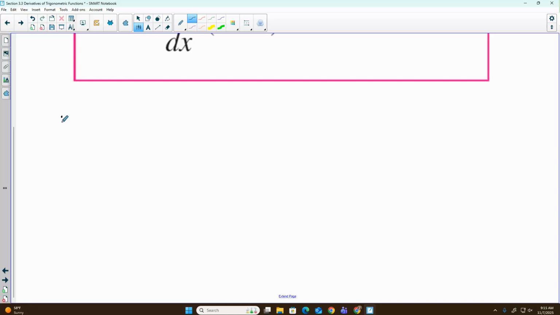We know tangent is the same thing as sine divided by cosine. So the derivative of tangent, if you did a quotient rule: low d high, what's the derivative of the top?